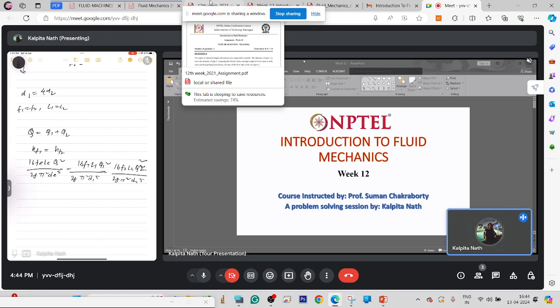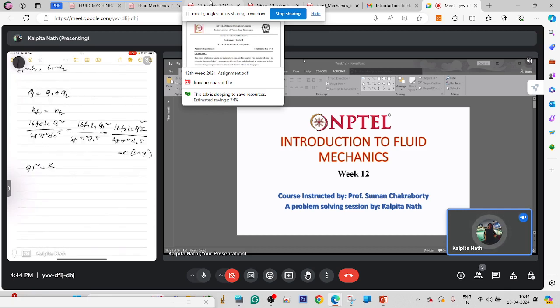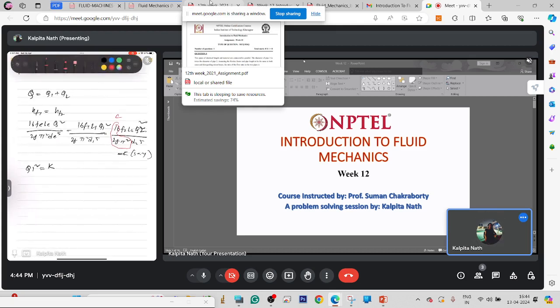Let's take this as some constant k, and call this c. So Q1 square is equal to k D1 to the power 5 upon c F1 L1, and Q2 square is equal to k D2 to the power 5 upon c F2 L2, right?